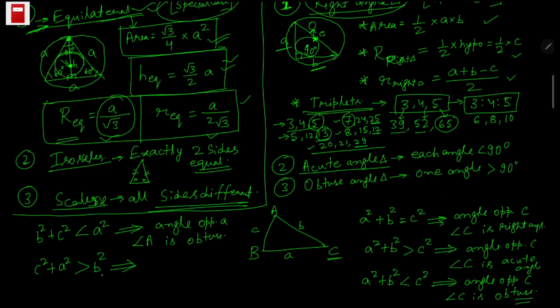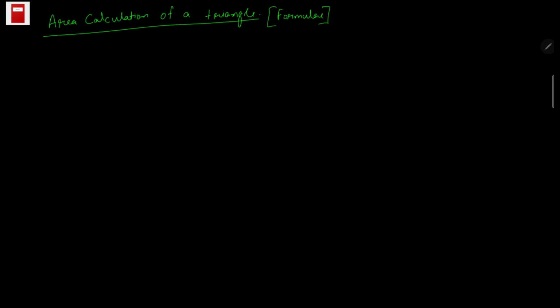It means very clearly the angle opposite B, which is angle B, is acute. So this is how you analyze the type of angles within a triangle. All right. Now the next thing that we have is the area calculation of a triangle.